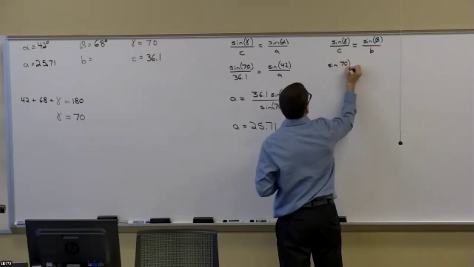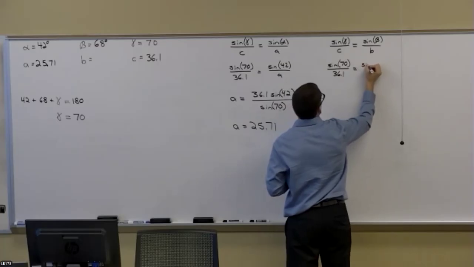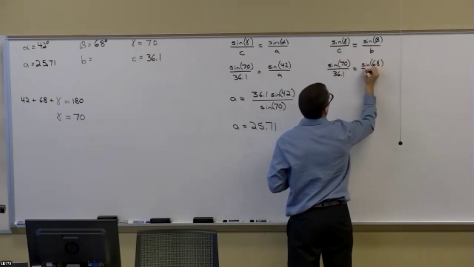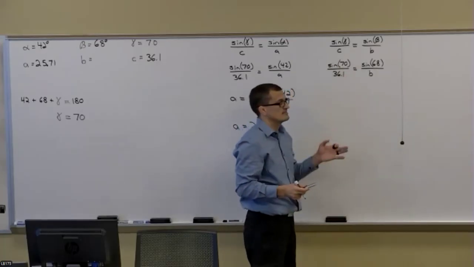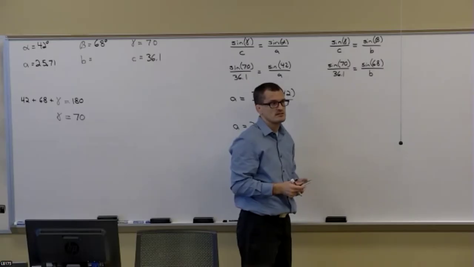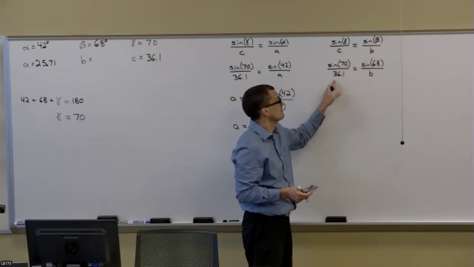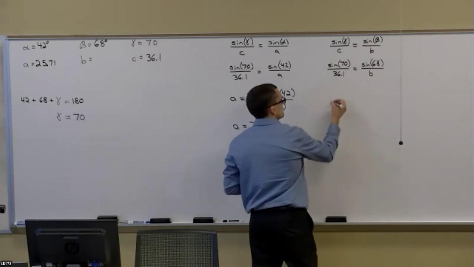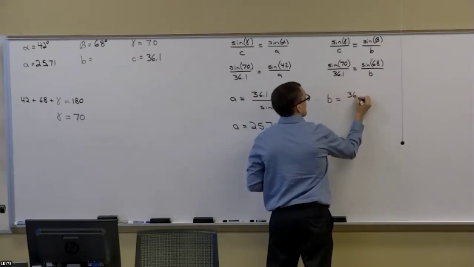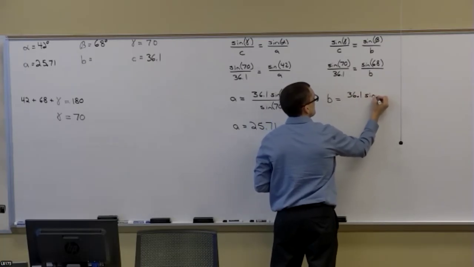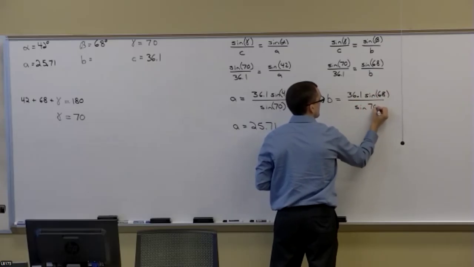Again, sine of 70 over 36.1 now is equal to sine of 68 over B. By the way, notice that sine of 70 and sine of 68 are probably pretty close to each other. So B is probably going to be pretty close to 36.1, which we find out in the next step that it is. B is 36.1 times the sine of 68 divided by the sine of 70.